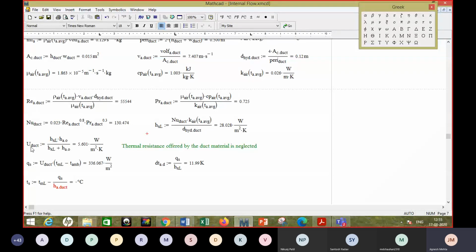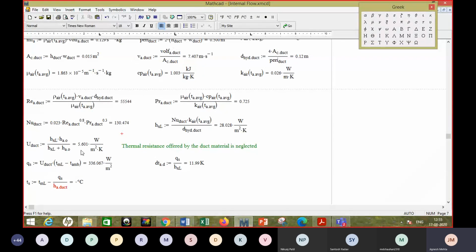Or you can write it like this: the overall heat transfer coefficient is h_XL into h_O upon h_XL plus h_O, right? So what you find is that the overall heat transfer coefficient is even less than the lower one. The lower one was 7 on the outer surface. So the overall is even less than that.